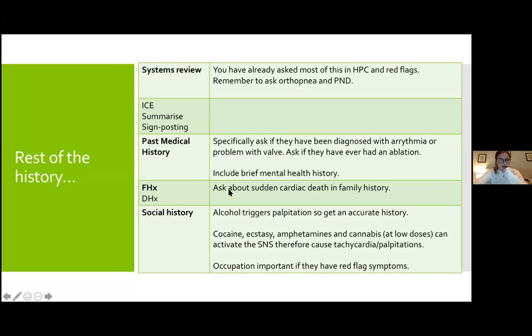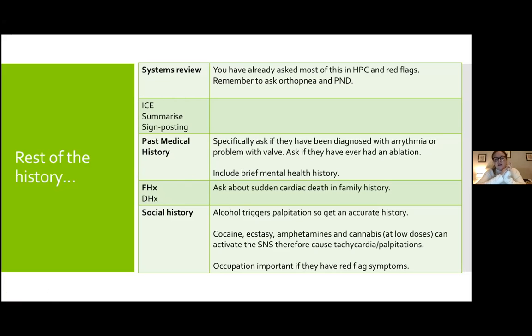So you've done then a really good history presenting complaint, and then you're going to ask the rest of the history. I'm sure you're probably bored of slides like this by now, but it's just to hammer the points, really. So you do a good systems review. You would have asked most of it, and you've definitely asked most of it with your red flags as well.